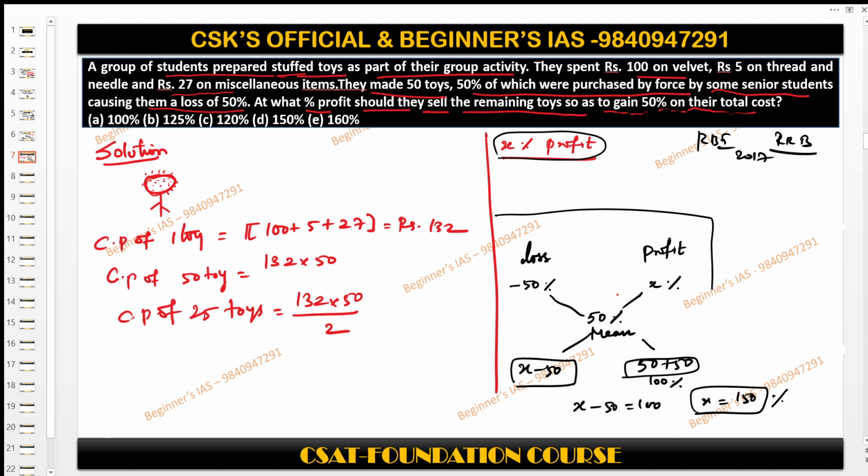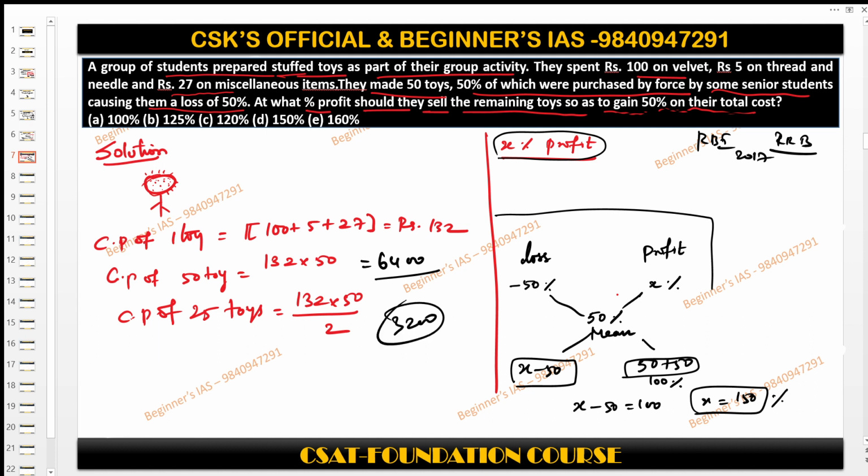Sir, firstly, up to where you have done, the CP of 50 toys, its answer is 6400 rupees, right? Yes, sir. So he has told 50%. Lastly, it has to be 50% of the total cost, sir. So 50% of 6400 is 3200 rupees.